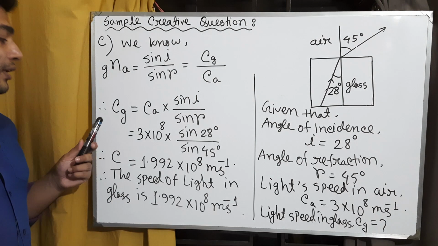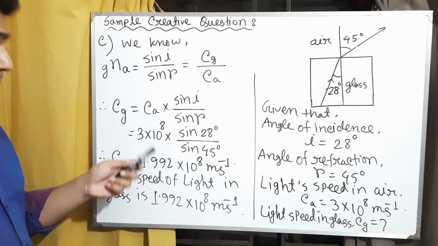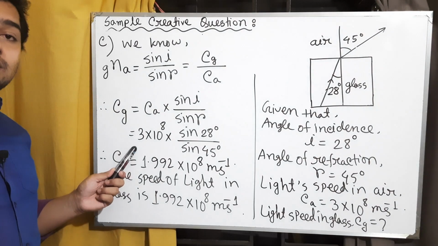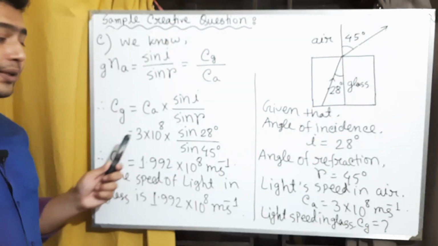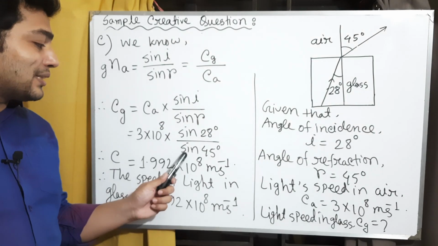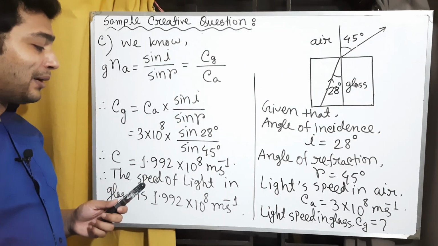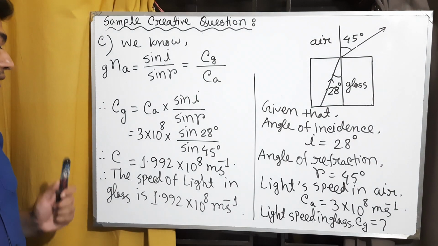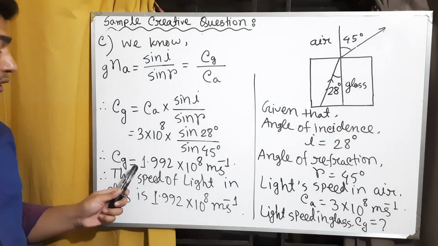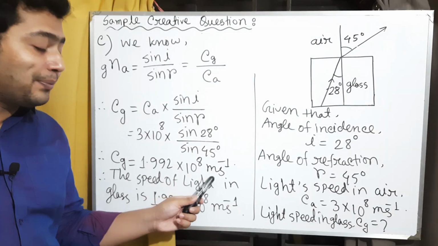So now we can write Cg equals Ca times sin I by sin R. Putting in the values, Ca is 3 times 10 to the power 8, I is 28 degrees, R is 45 degrees. Calculating, we get the speed of light in glass Cg equal to 1.992 times 10 to the power 8 meter per second.